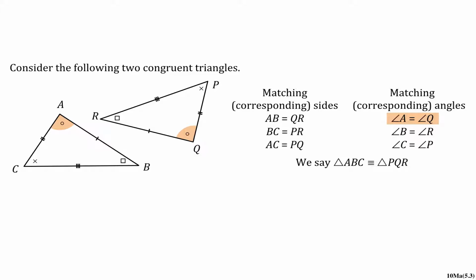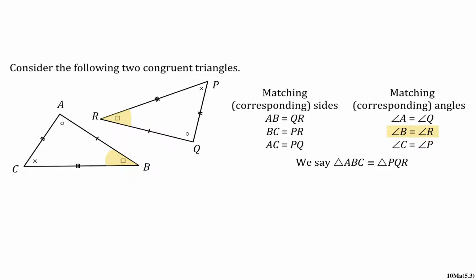Similarly for the angles. If I look next to angle A and angle Q on each of the two triangles, they both have a little circle, which means those angles are the same. So those angles match up with each other or correspond with each other. We can also look at the angles that are marked by a little square. We find that near the B and near the R. So I'm going to say angle B and angle R are the same because they both have a square.